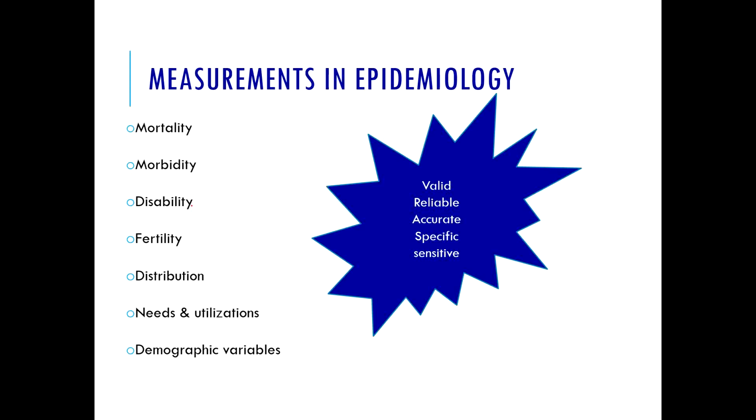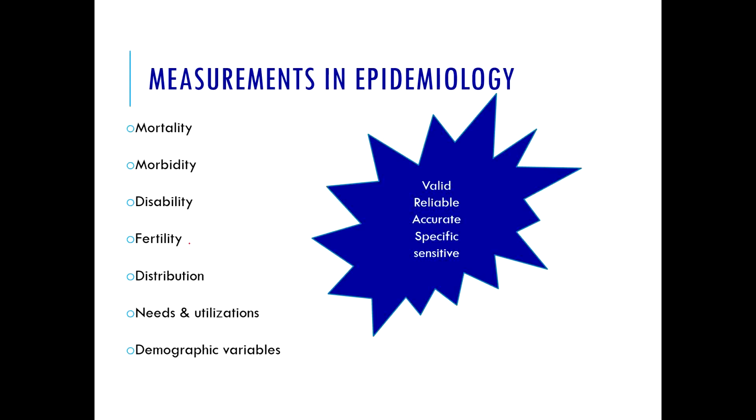So going towards the disability rates, we have discussed them in detail in occupational health, where we have discussed what are DALYs, what are QALYs, and I'm not going to repeat them in today's lecture. Fertility rates, we have discussed them in demography, and we have given you assignments and tasks about it.